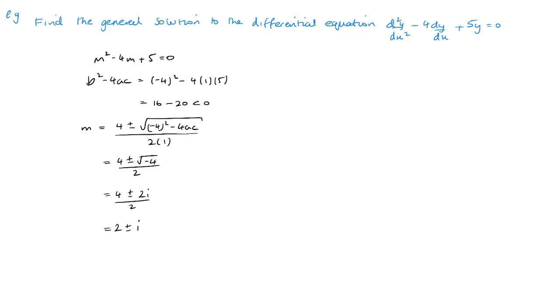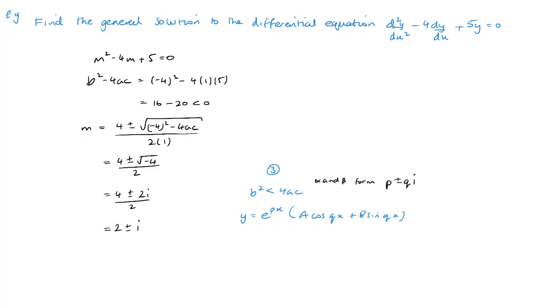So this now is my solutions to the auxiliary equation, which means that this needs to be of the form y equals e to the px, and then a cos qx plus b sine qx.